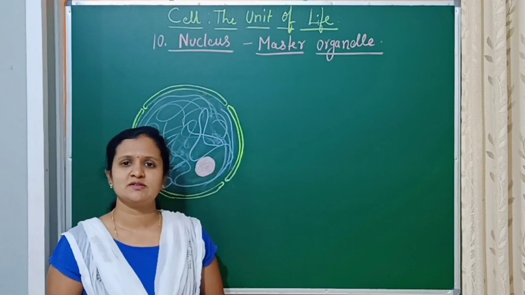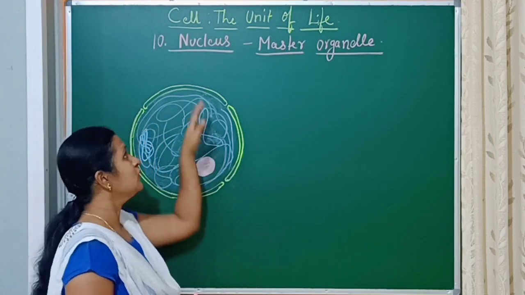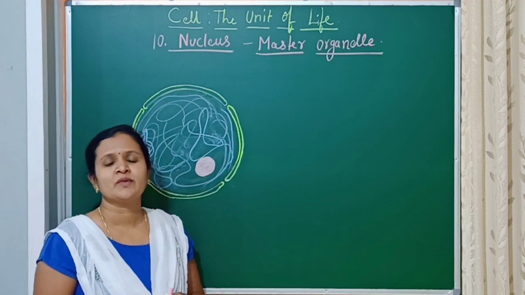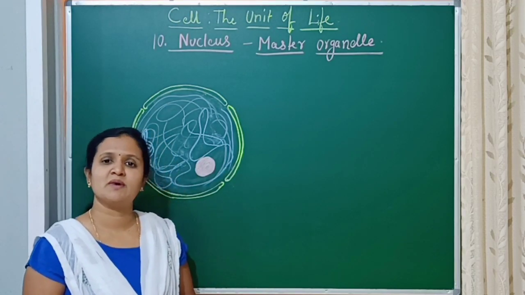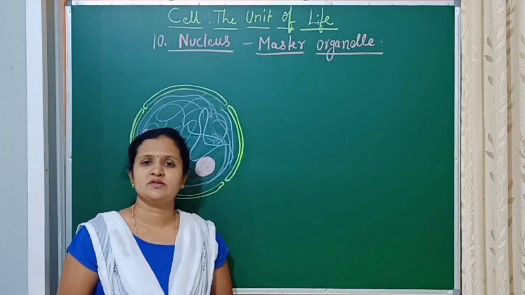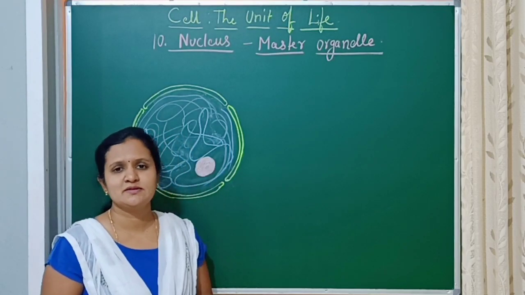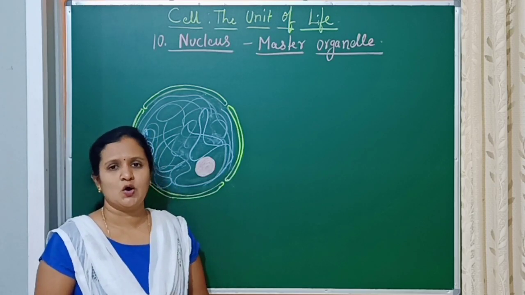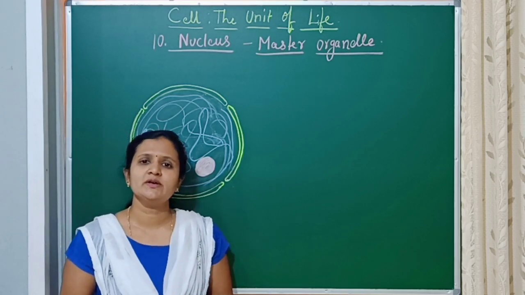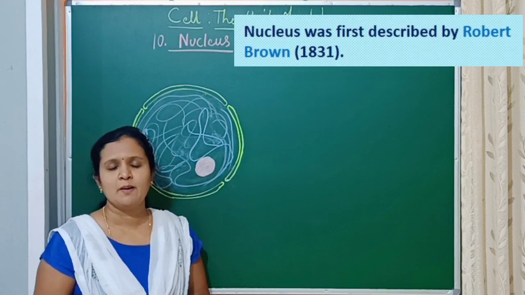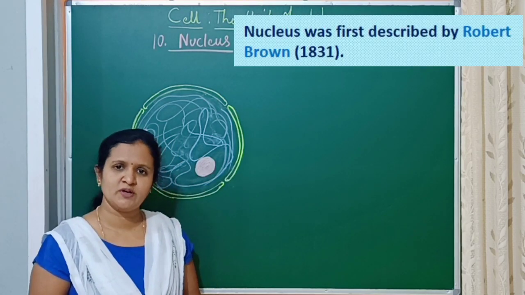In today's class, we'll discuss the nucleus, one of the important organelles in the cell. It is called a master organelle because it controls all the activities inside the cell. The nucleus was first discovered in 1831 by Robert Brown.